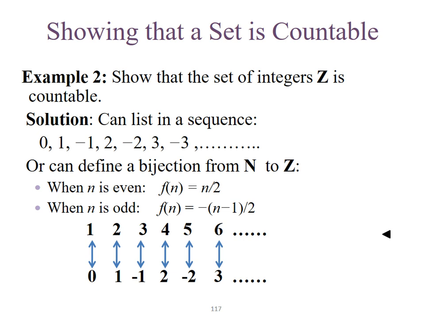And then when n is odd, you can see 1 maps to 0, 3 maps to minus 1, and 5 maps to minus 2. So it's actually (n minus 1) divided by 2, with a negative sign, which is mapping the odd numbers. Alright, so when we define the mapping function, we can count all these positive, negative, and 0 integers by the order 1, 2, 3, 4, 5, 6. And then we prove that this set is a countable set.